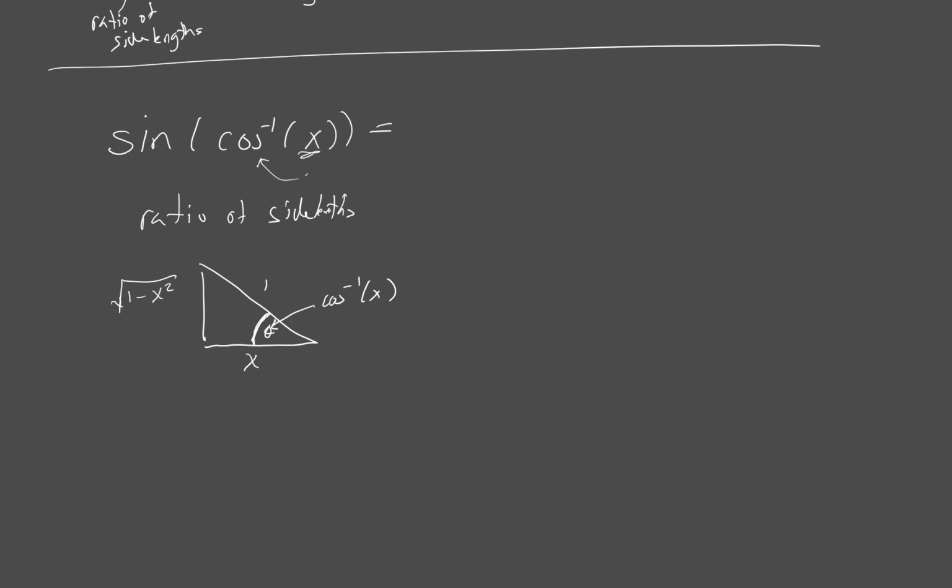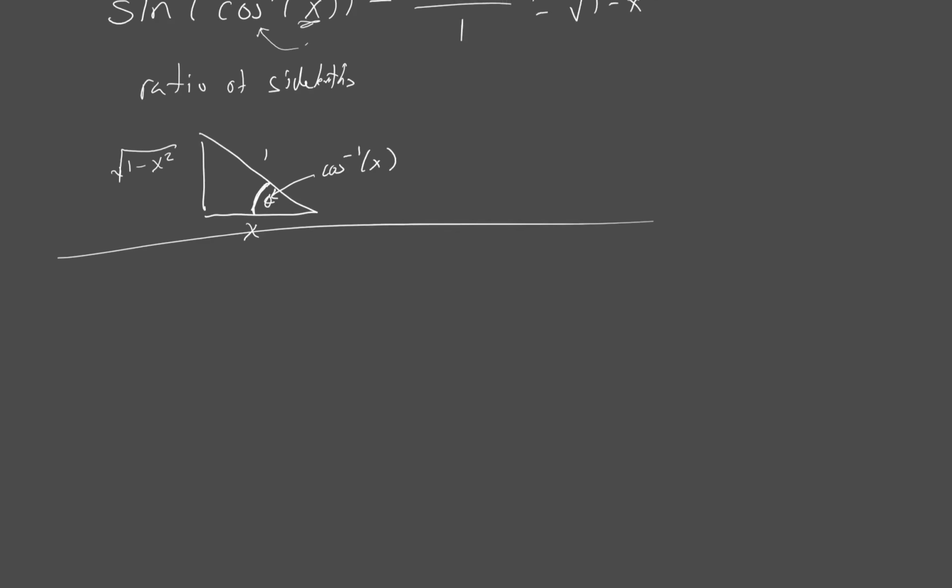If I take the sine of that angle, I get the opposite side over the hypotenuse. The opposite side is the square root of 1 minus x squared, and the hypotenuse is 1, so this is the square root of 1 minus x squared. That's the sine of the cosine inverse of x. We can do that with other functions too.